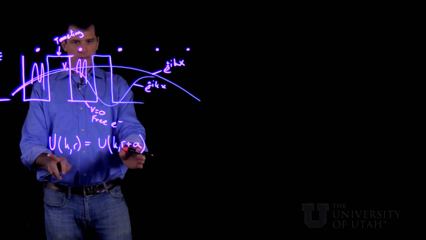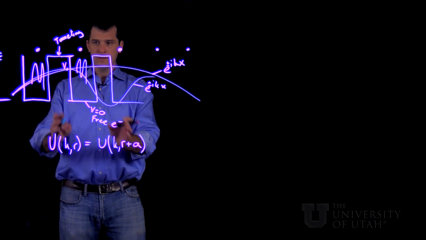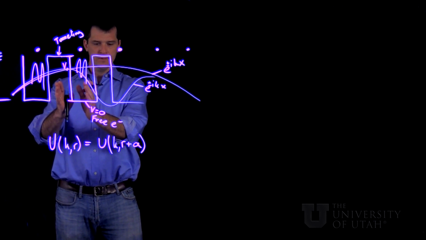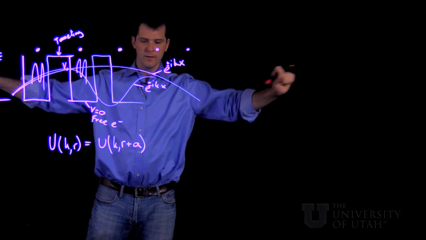So this allows us to solve the Schrödinger equation only in one of these repeat units and then know the full solution over the entire problem.